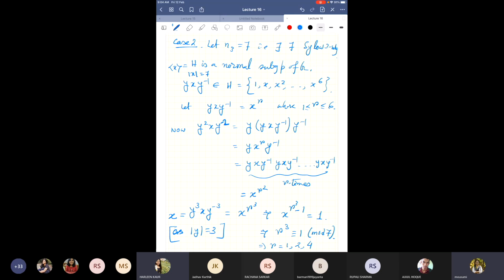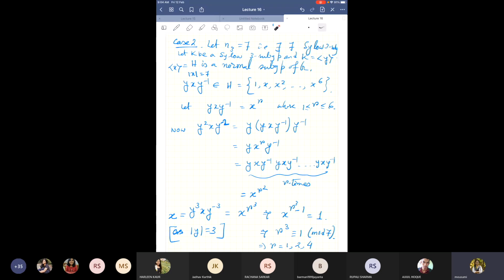Yeah, so basically what I have considered here is, let K be a Sylow 3 subgroup, and K is generated by Y. K is any Sylow 3 subgroup. There are 7 Sylow 3 subgroups, so I am choosing one of them.